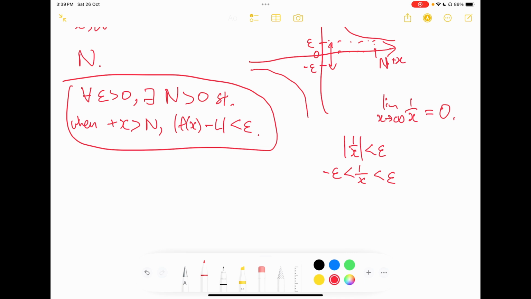If we were to take the reciprocal of these two, because epsilon is quite small, right? 1 over epsilon would be pretty large. All right, let's consider the case where 1 over x is positive. If 1 over x is positive, then x will be greater than 1 over epsilon.